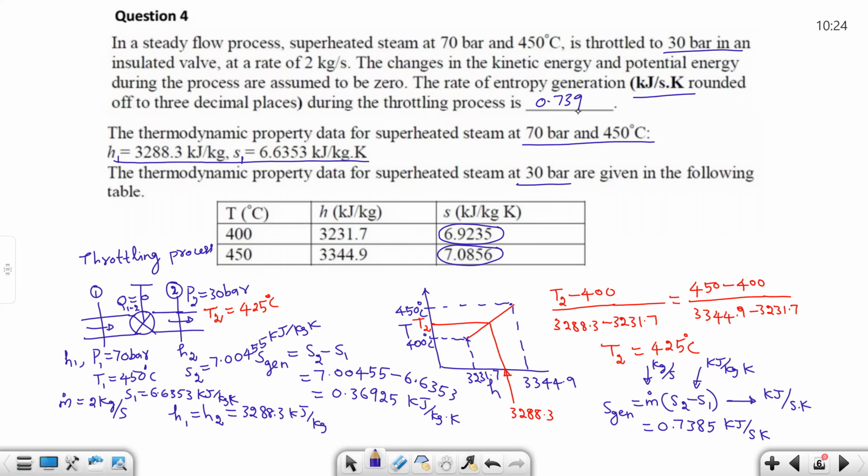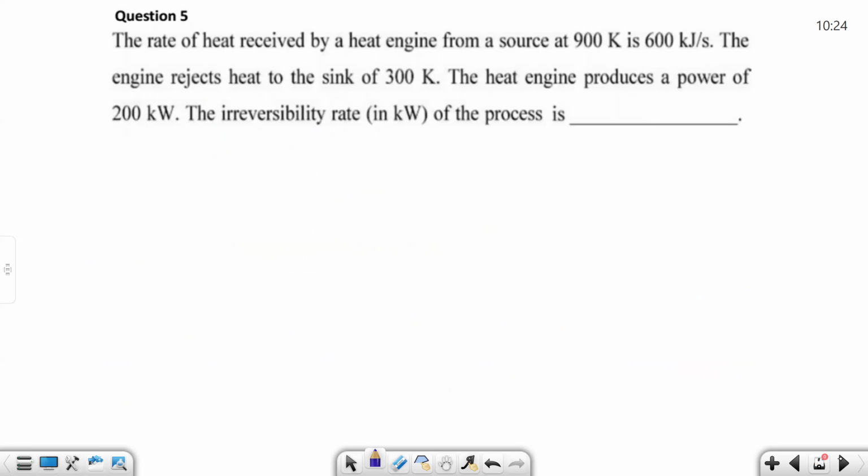So now we move to question number 5. The rate of heat received by a heat engine from a source. So you have a source which is 900 Kelvin, maybe we will take this as T1.